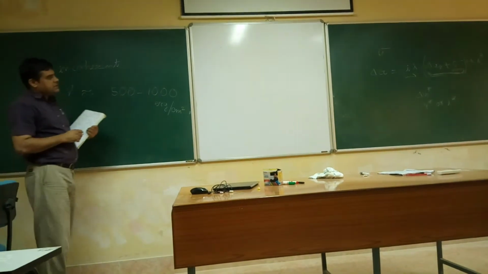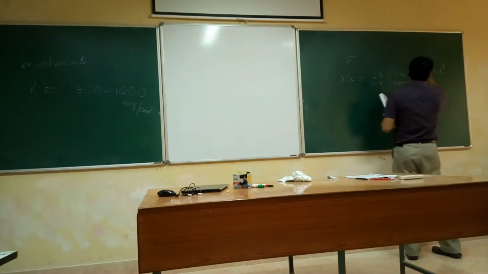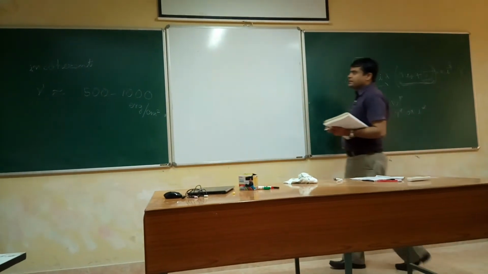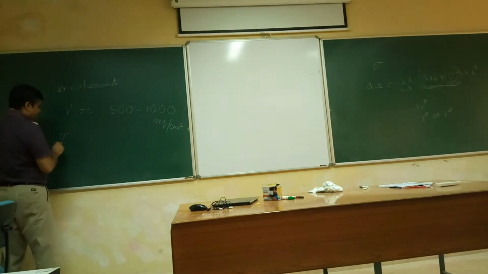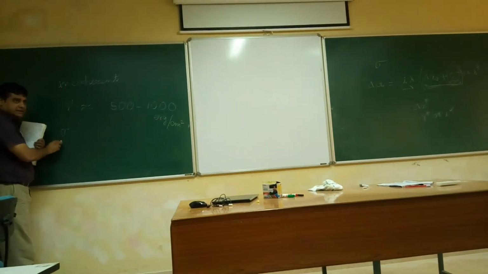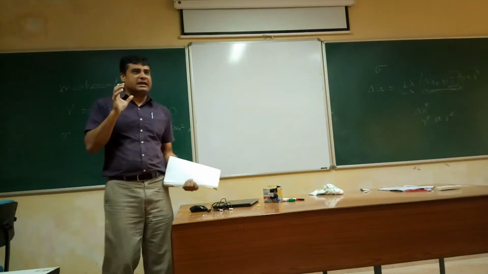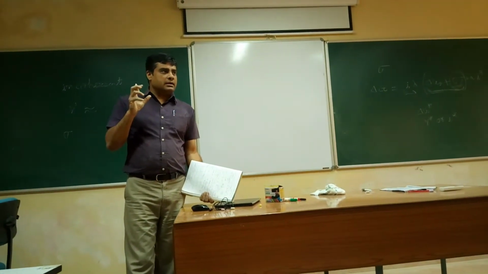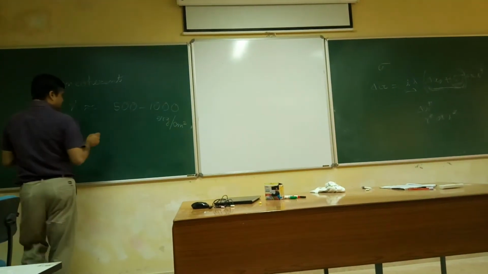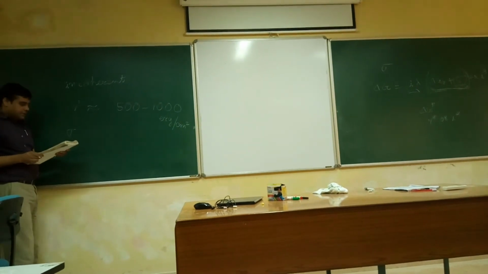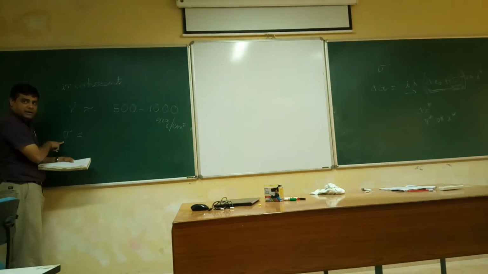And this strain energy per unit volume, the sigma, for an incoherent interface has been found to be elastic strain energy because of some volume difference. So where is this strain energy coming from? Volume difference or size? Volume difference. So volume difference of the precipitate and the matrix, and this is sigma per unit volume.